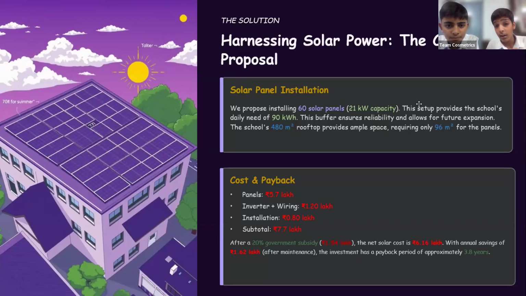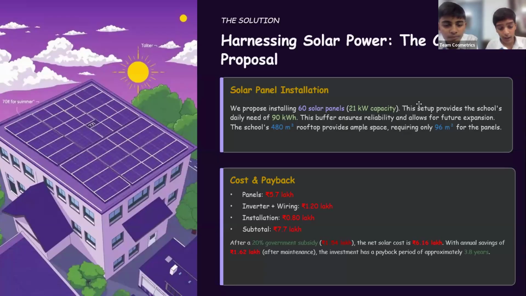Now, the area of each panel is given, that is 1.6 meter square, and the area of 60 panels will be 96 meter square. Now we have to find the cost of 60 panels. The cost of 60 panels will be 5,70,000, as each panel costs 9,500.